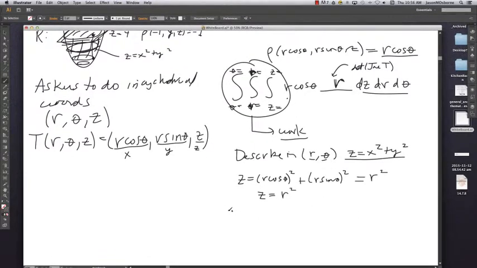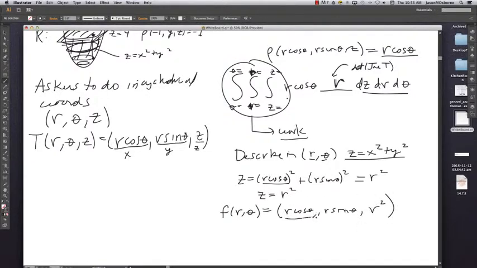What does that mean to us? That means that if you describe that parametrically as r and theta, the x variable was r cosine theta, that can't change. Y is equal to r sine theta. And we have just shown that z is equal to r squared.